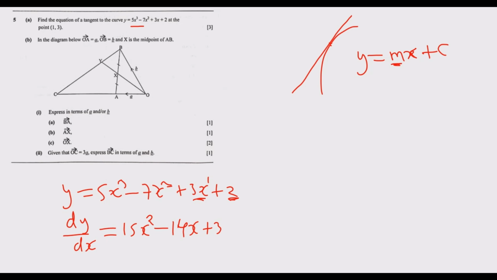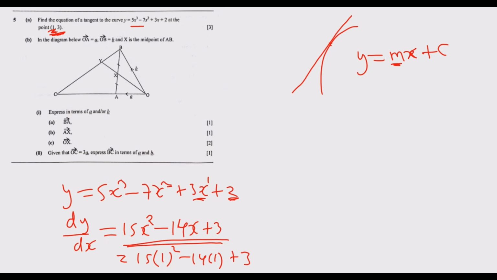Now we need to find the value of the gradient when x is equal to 1. We substitute, so we get 15 multiplied by 1 to the power 2, where x is 1 there, then minus 14 multiplied by 1, plus 3.